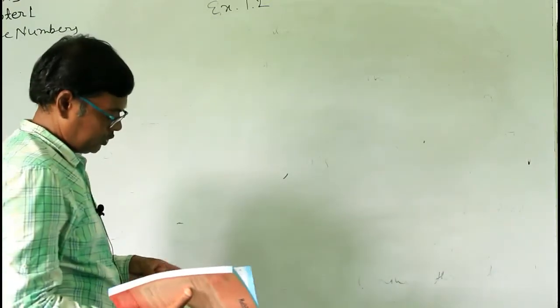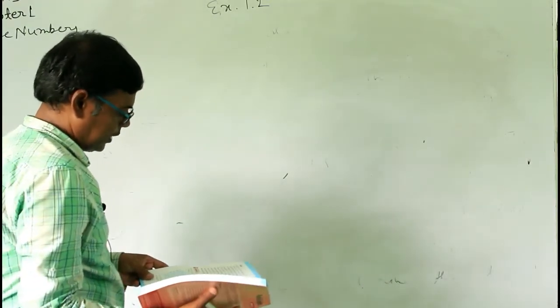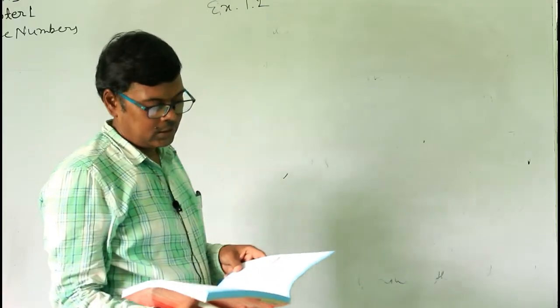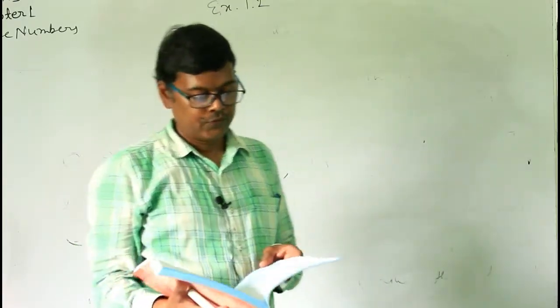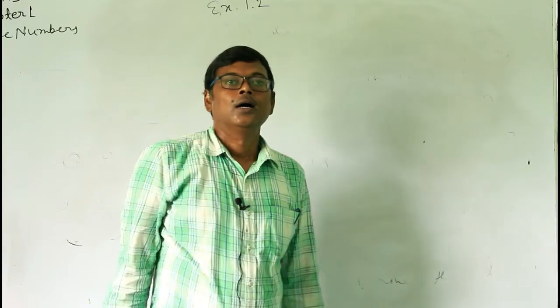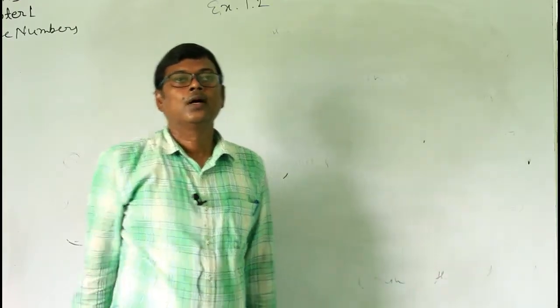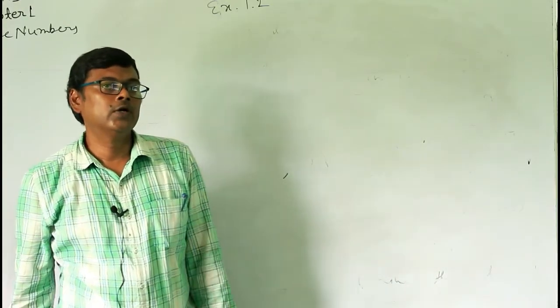The first question: find the face value and the place value of the colored digits in each of the following. Okay, the face value and the place value. I think you know the place value and the face value.